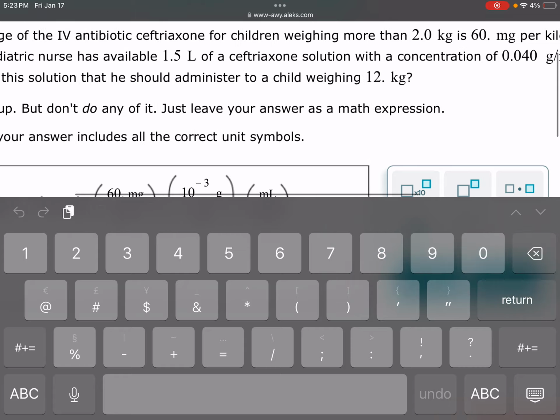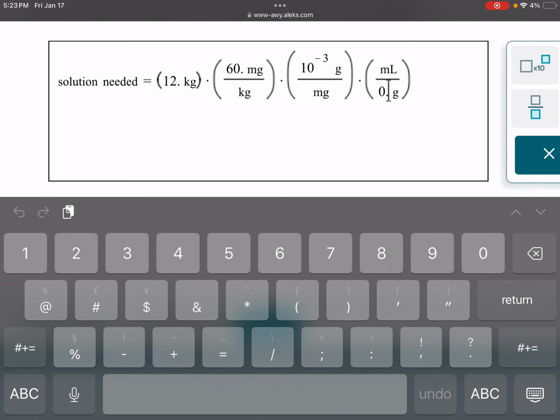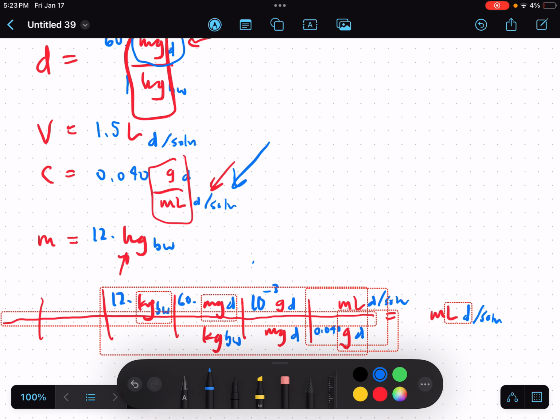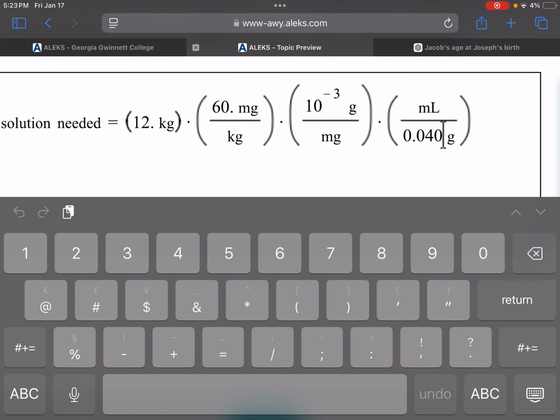Concentration was 0.040. Okay? And let's just make sure. I'm going to go to the other one now. I'm now just going to look at the numbers just to make sure. 12 times 60 times 10 to the negative 3 divided by 0.04. 12 times 60 times, yep, okay.